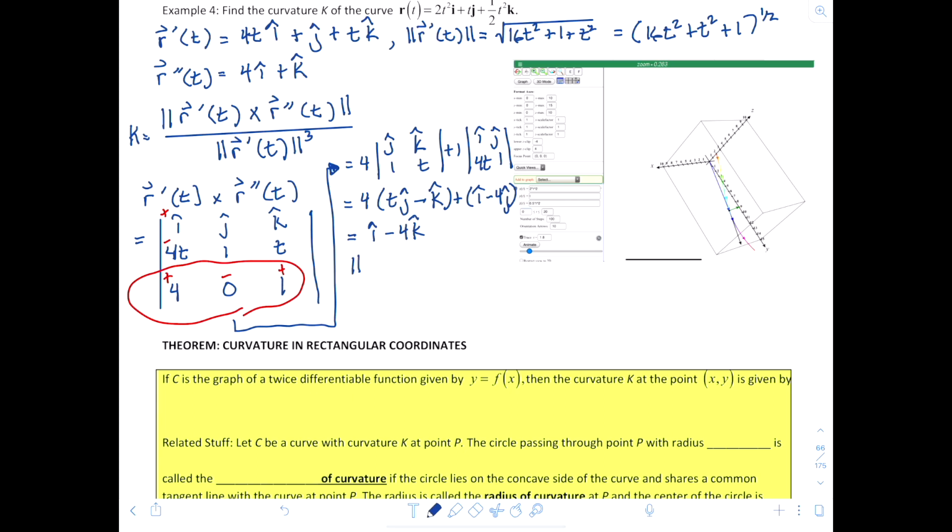So now if we do the magnitude of i minus 4k, that's equal to the magnitude of 1, 0, 4, which will be the square root of 1 plus 16, which is root 17. Cool so far?